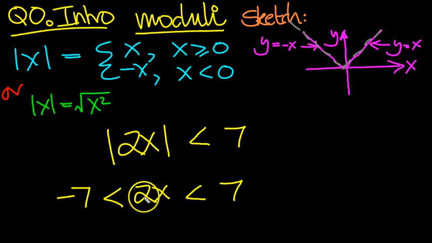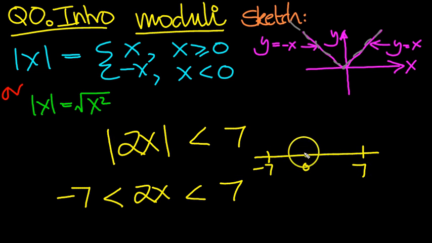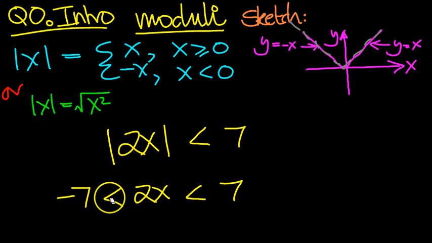It's this: 2x is within a distance either side of 0 of 7 units. So it must be greater than minus 7 and it must be less than 7, mustn't it? Here's 0 on the number line. Here's the minus 7 and plus 7. So 2x, the size of the number, to be less than 7 must lie inside here, mustn't it? Equal both sides, not drawn to scale, of course. So that's what you get.